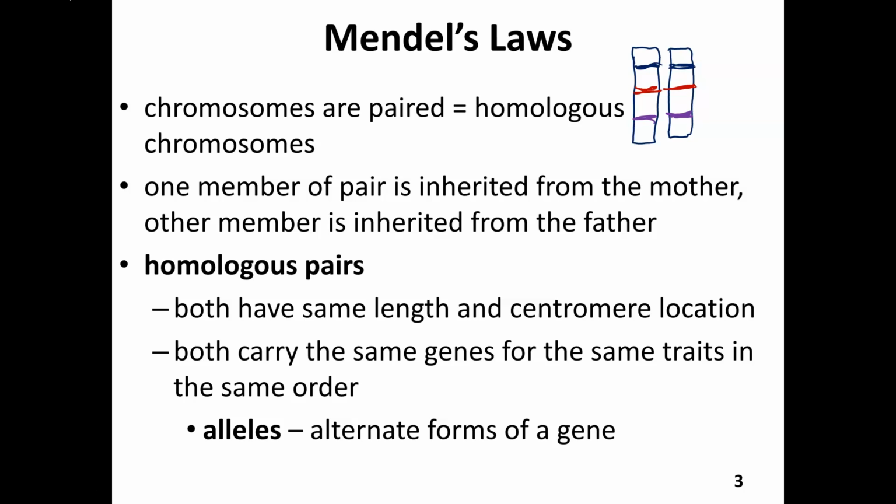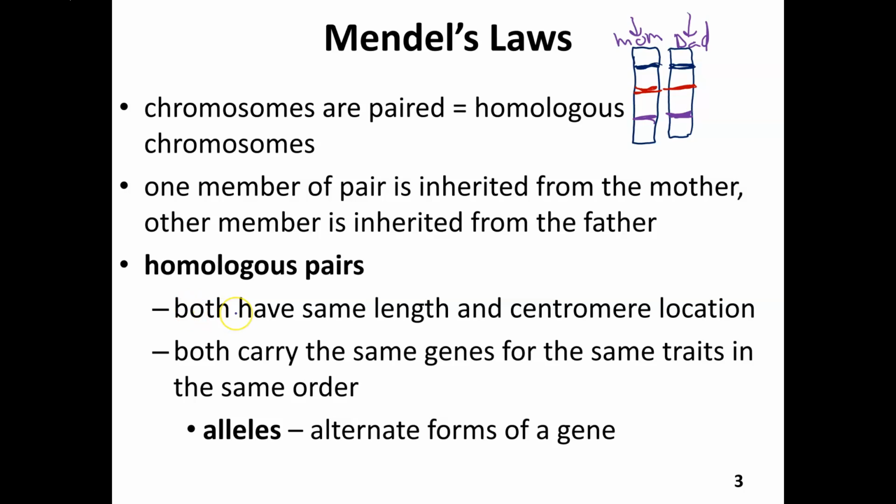and they're called homologs. So when you have chromosomes that are homologous, one comes from mom and one comes from dad. Okay? So homologous chromosomes have the same length, like I just showed you.